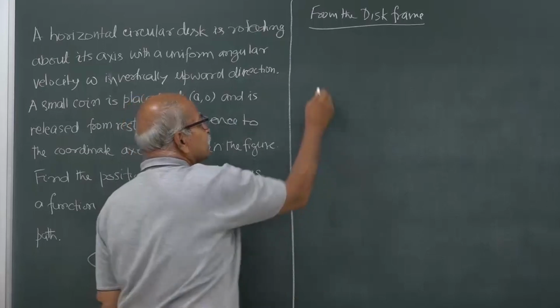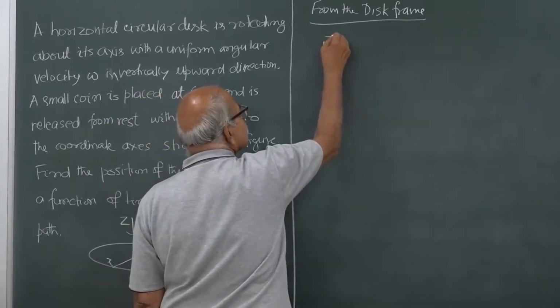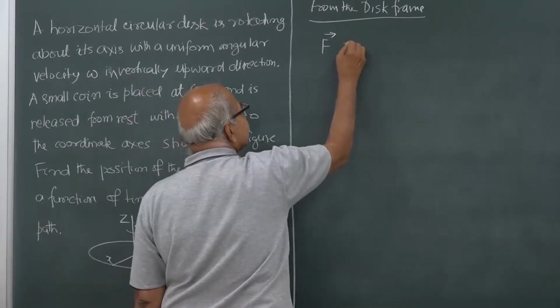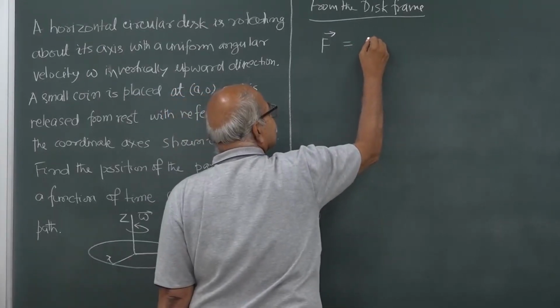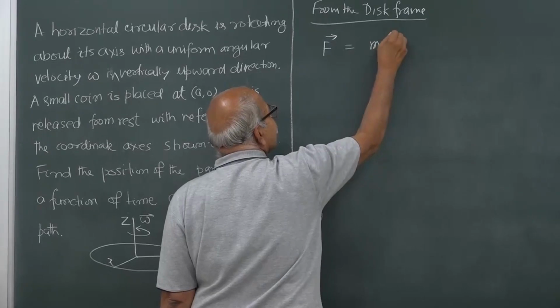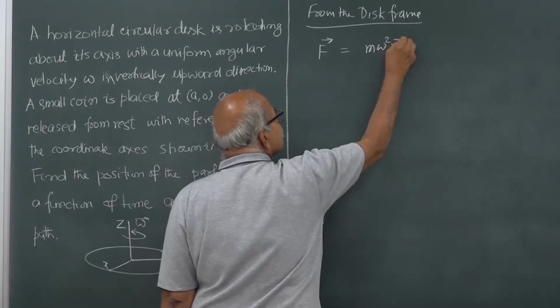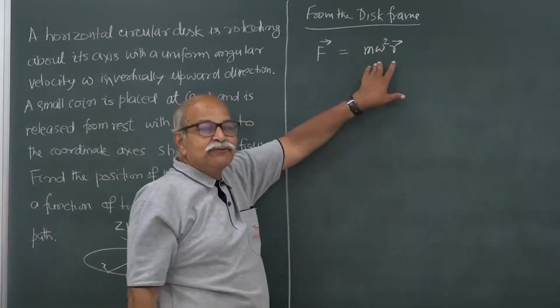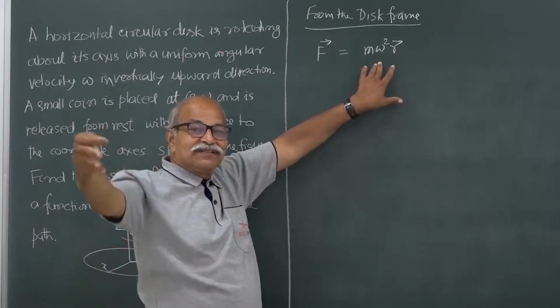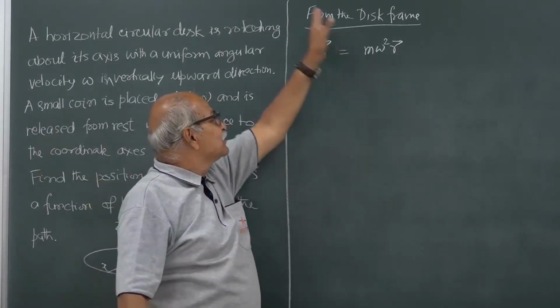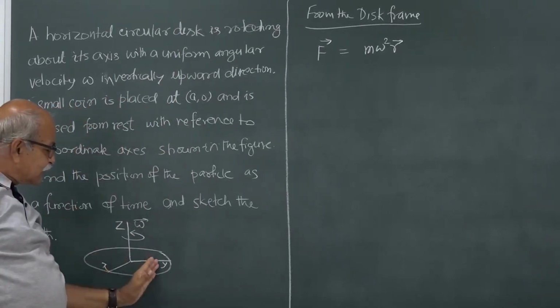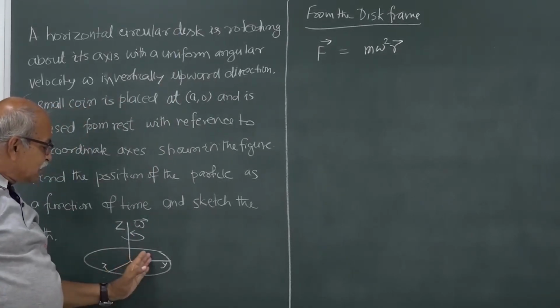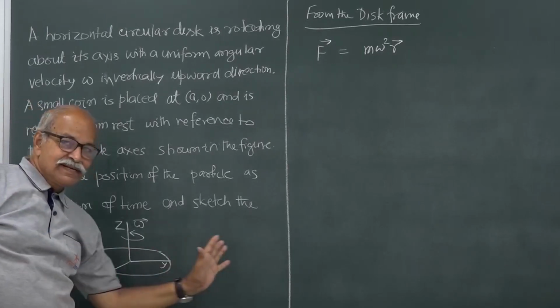So, from the disc frame, the net force is just the pseudo forces, and that we have m omega square r. This is the centrifugal force, omega vector cross r, and once its axis is known, then it is m omega square times the distance from the origin in the outward direction.